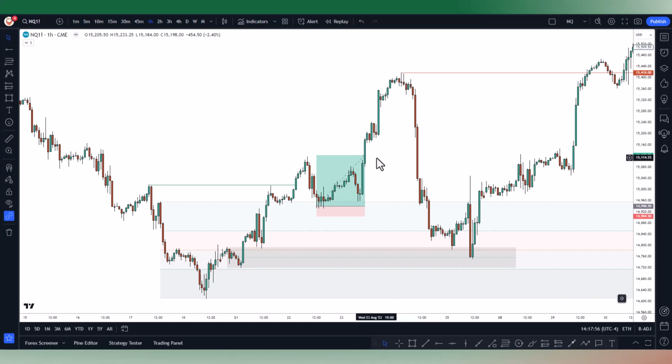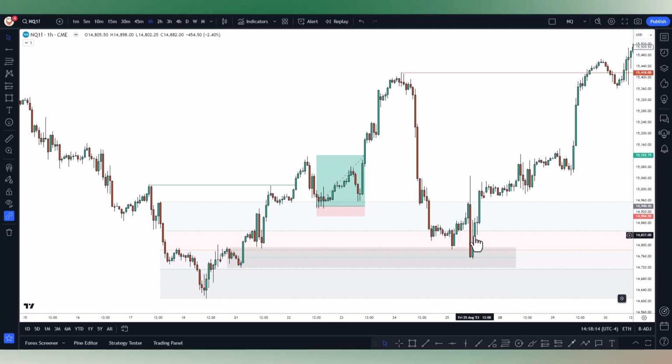All right, if we made only this high and then came back to mitigate the zone, I will target this high, but we made that high, and this is the high that mitigated all of this moving here.